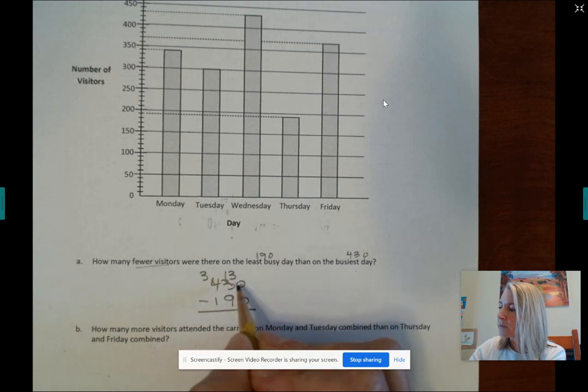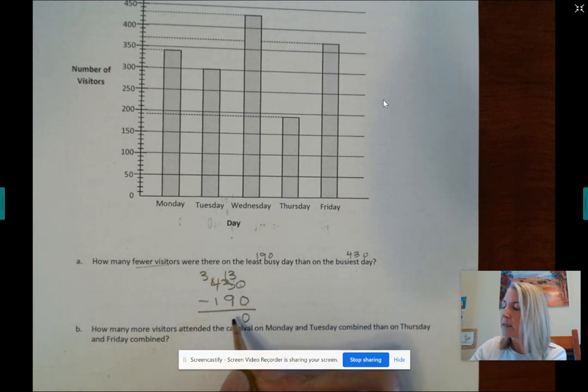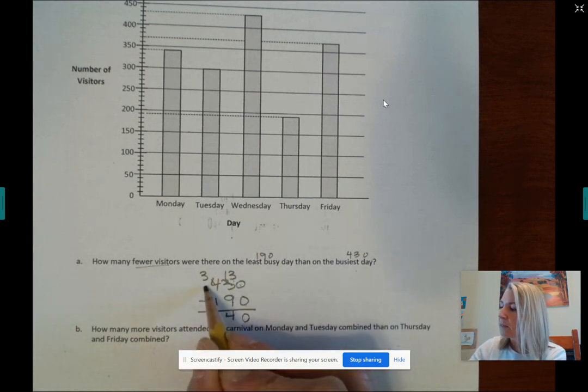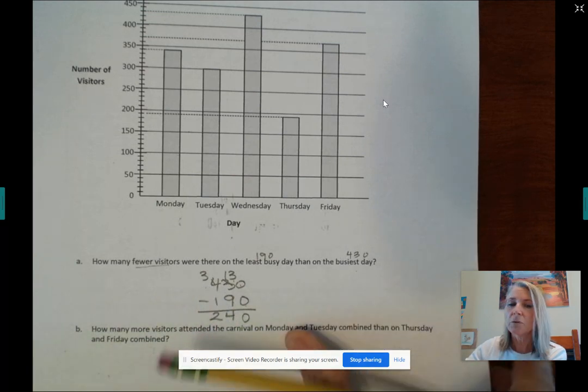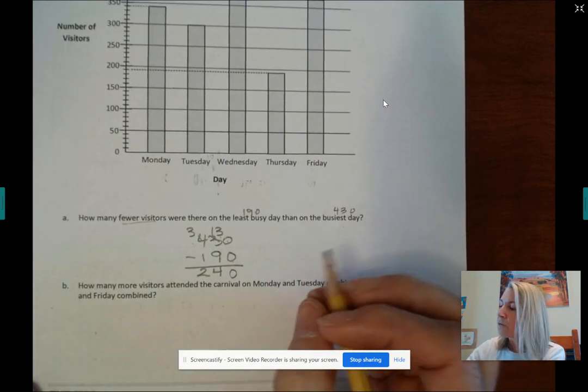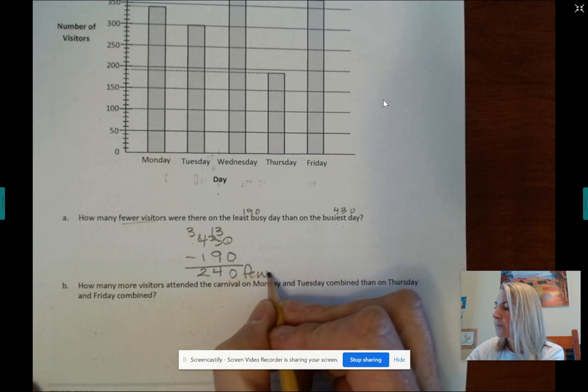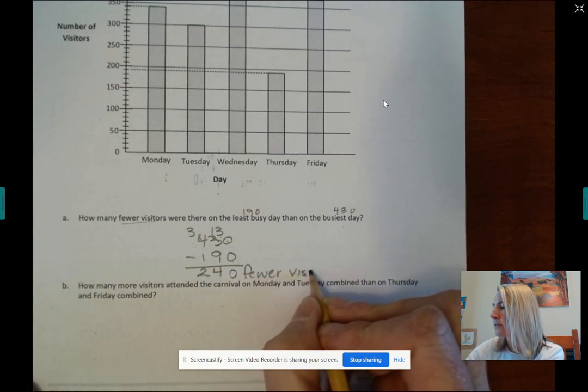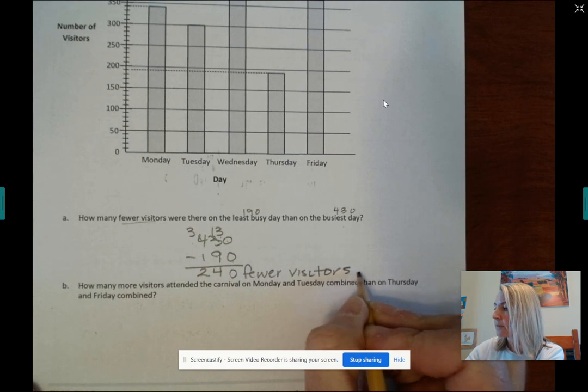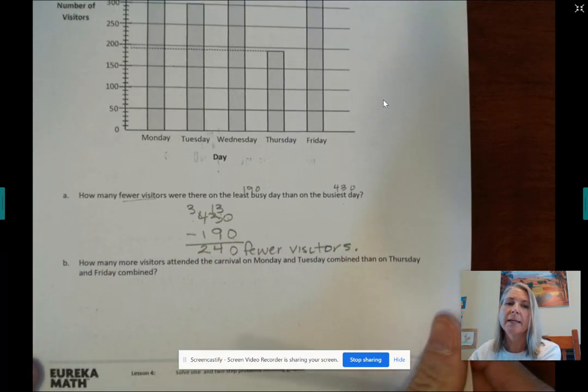And this would be a 13. 13 minus 9 is 4. And 3 minus 1 is 2. So there were 240 fewer visitors on the least busy day.